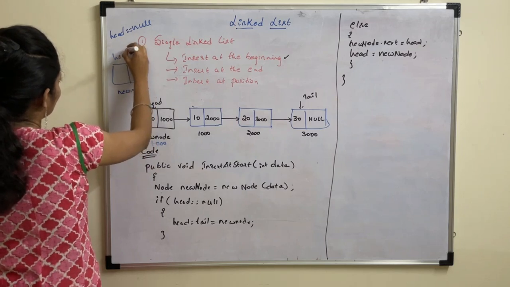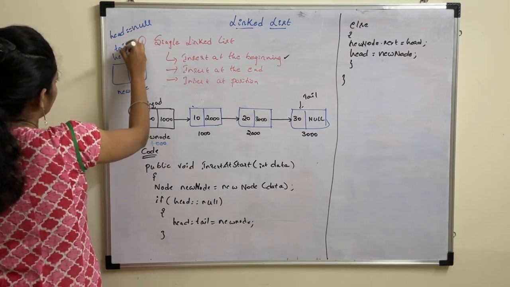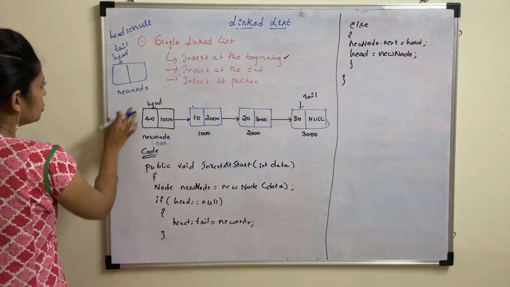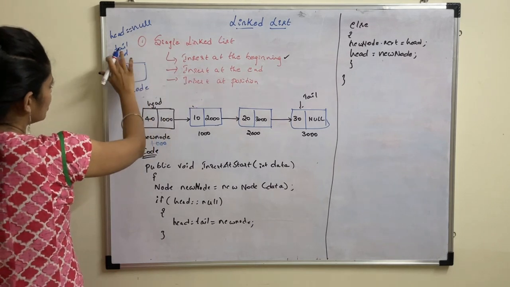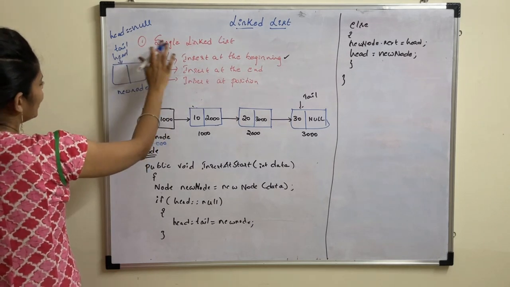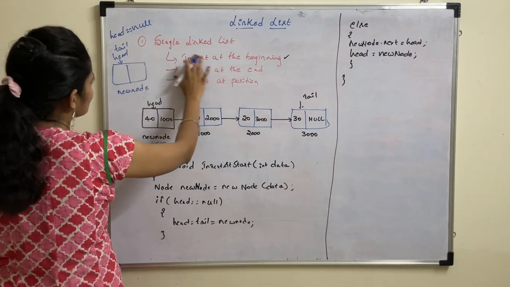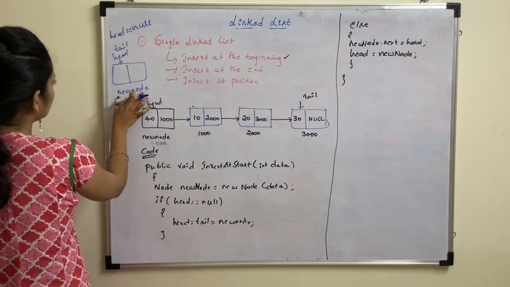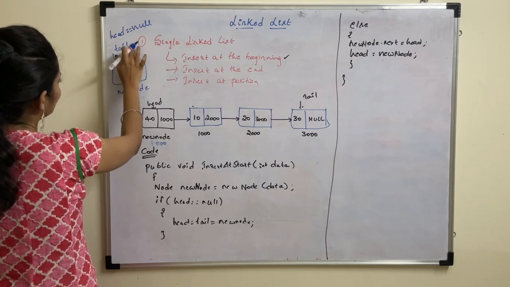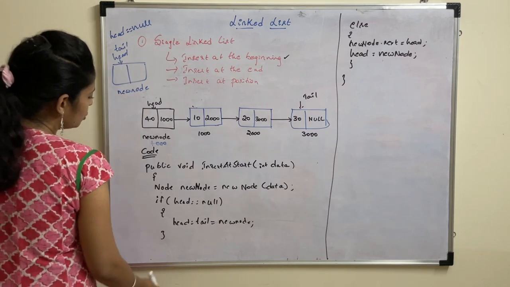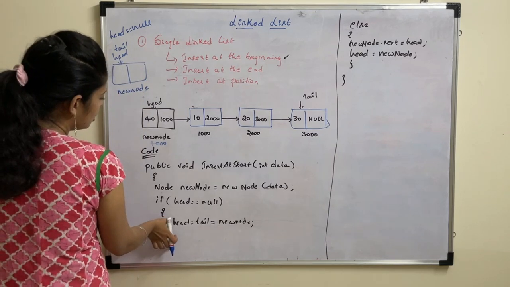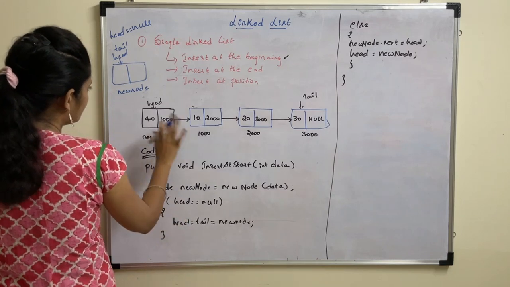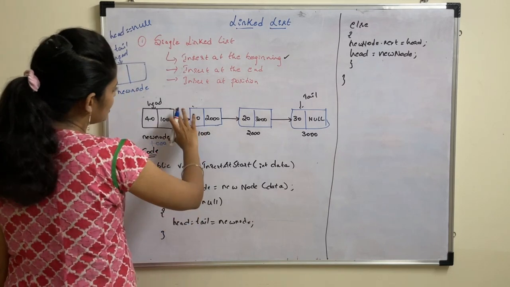Both of them will point to this new node only, because there are no other nodes. Usually head points to the first node and tail points to the last node. But as this is the only node we created just now, both the pointers will point to the same node. So that is the first case.